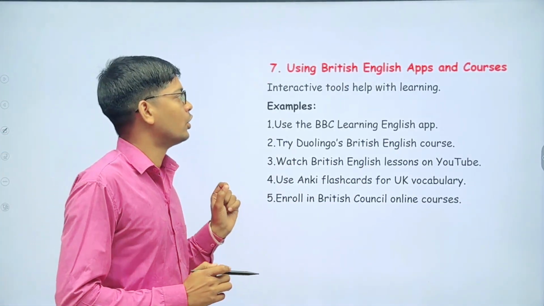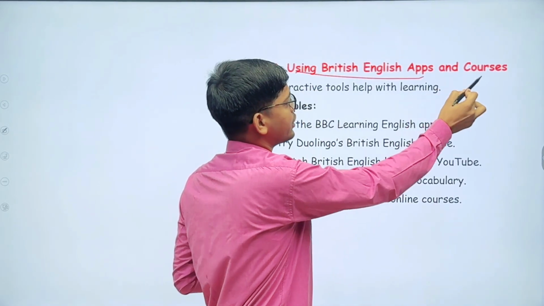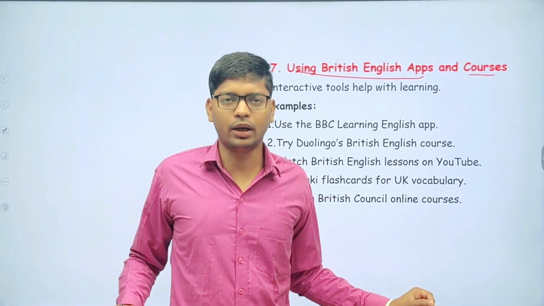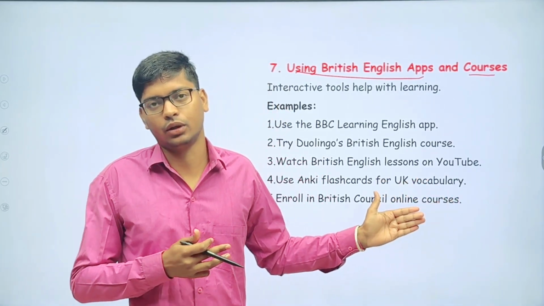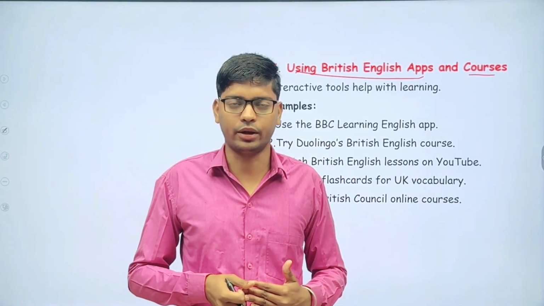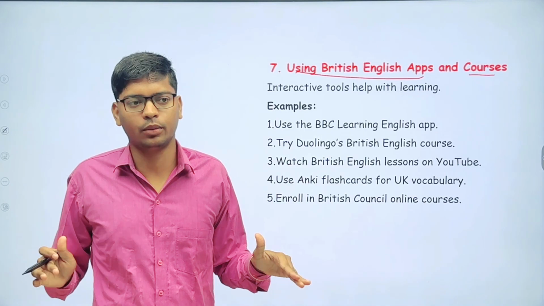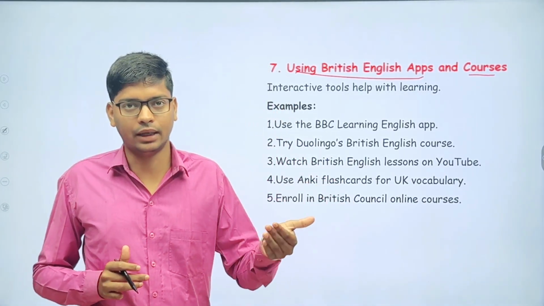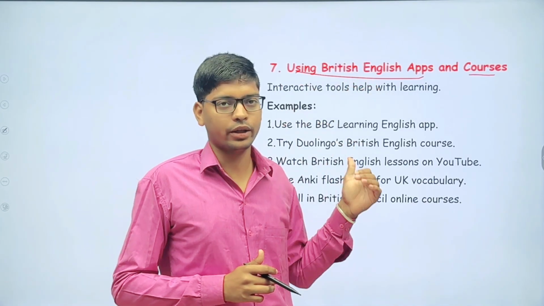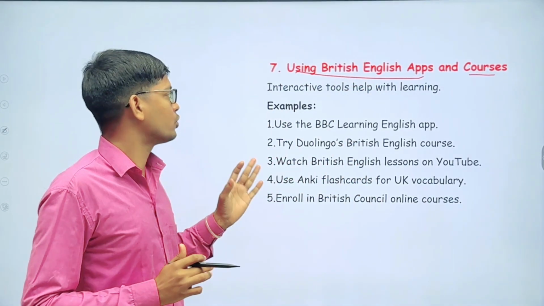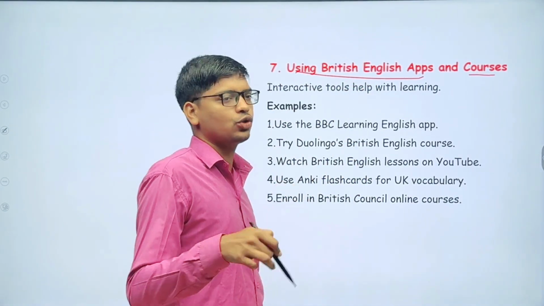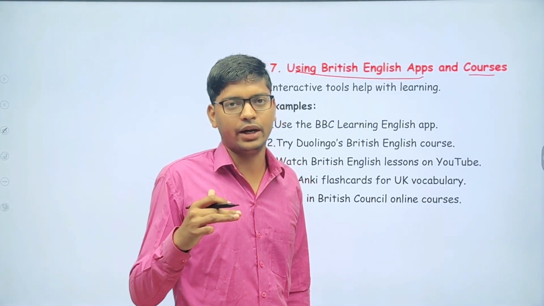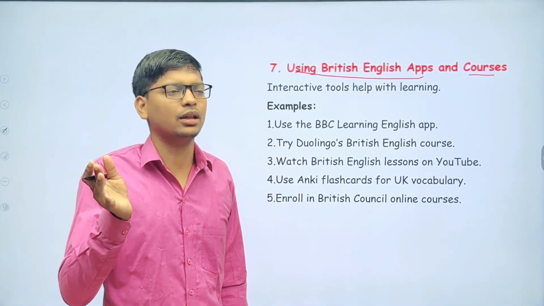The next method is using British English apps and courses. Most people are using this method. This is a very common, very trending method. Using British apps and courses, you can join any kind of courses on websites, on YouTube, on other things.